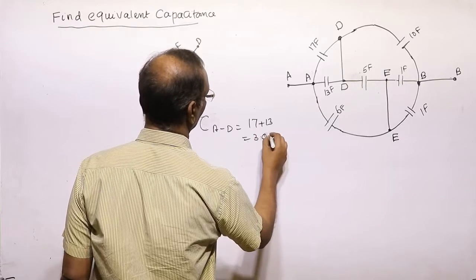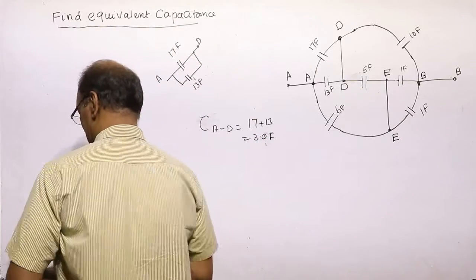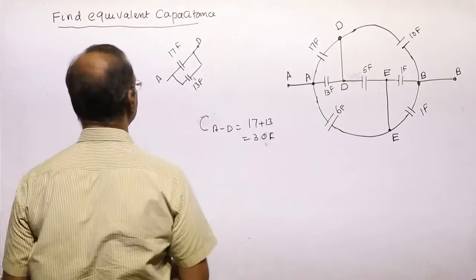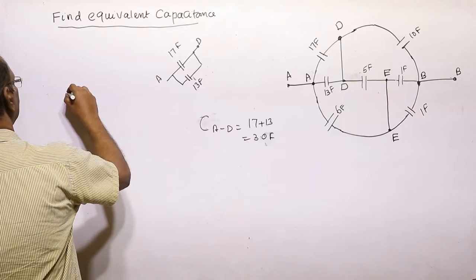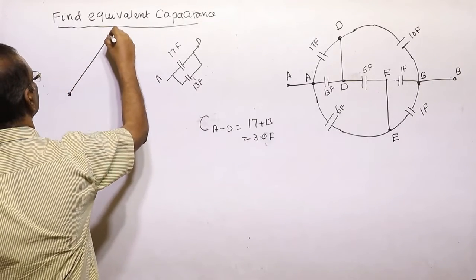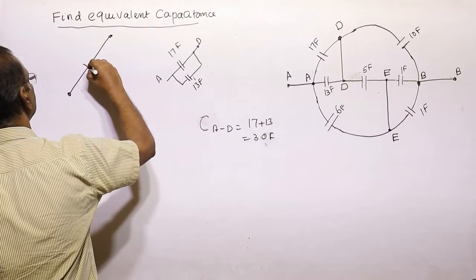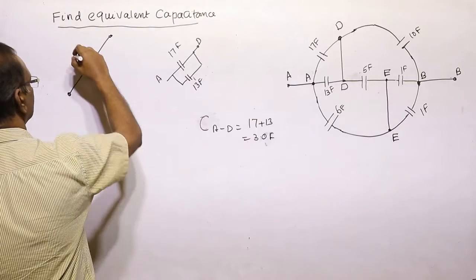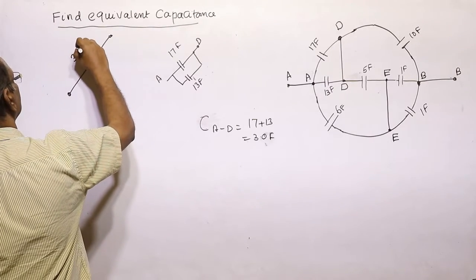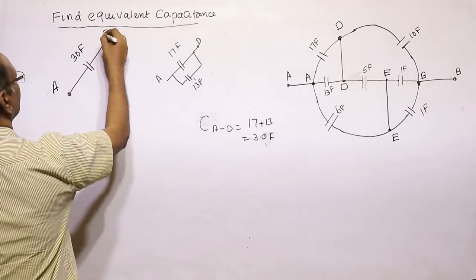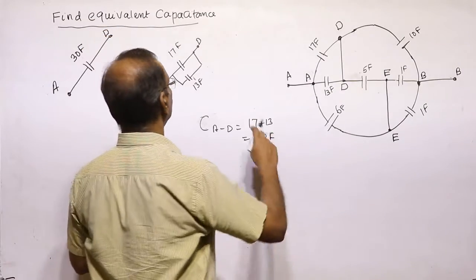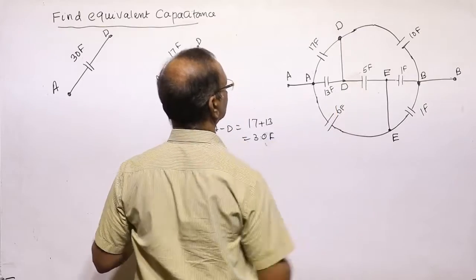So between A and D we have 30 farad. This is point A, this is point D. So we have calculated this one.